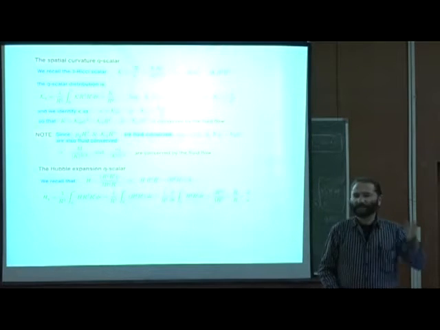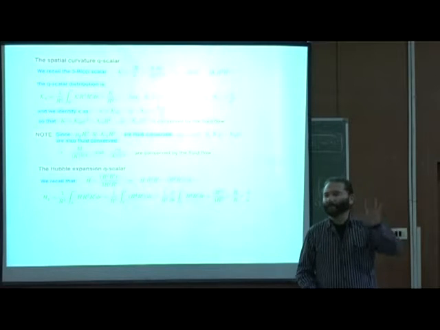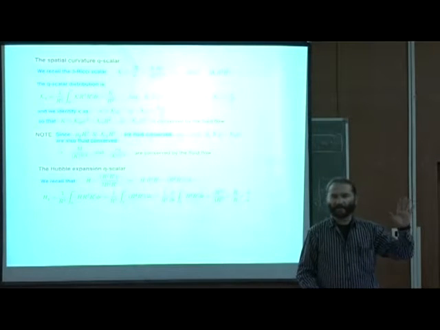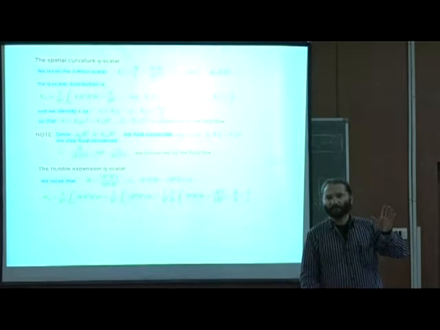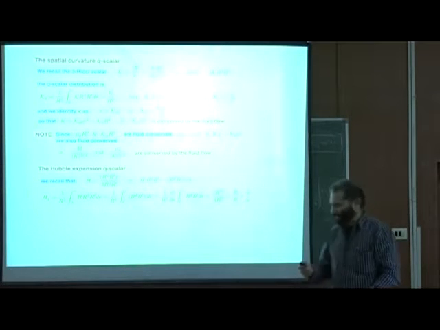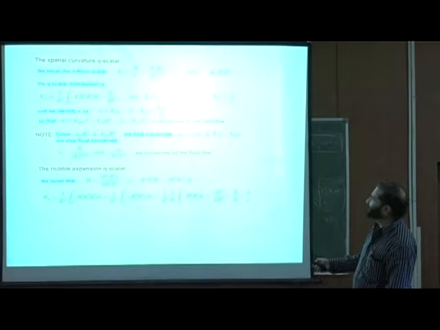In dust, dot is the coordinate time derivative, because for dust, coordinate time is proper time, right? Okay? So we have this derivative. Therefore, we evaluate HQ. HQ is this, but we substitute this and it is this, right?